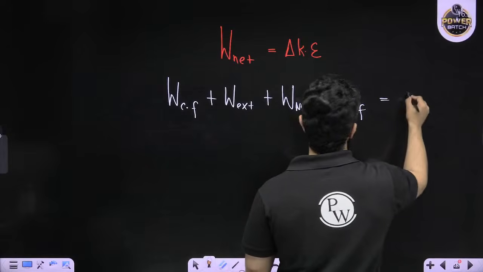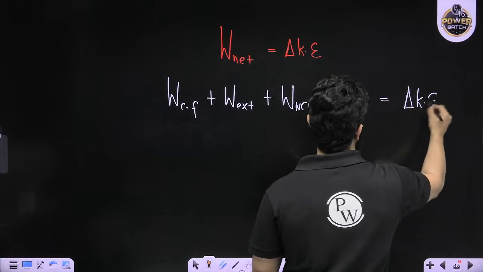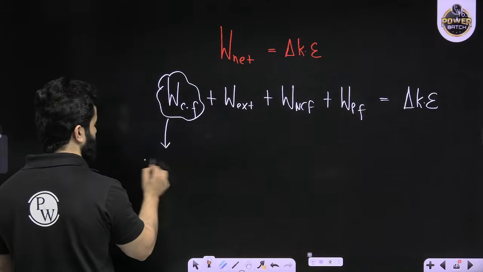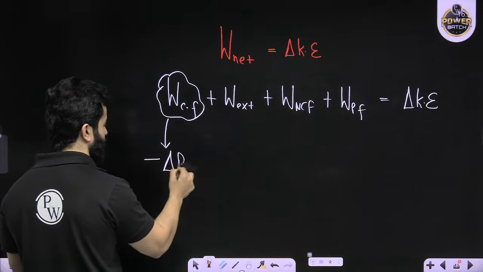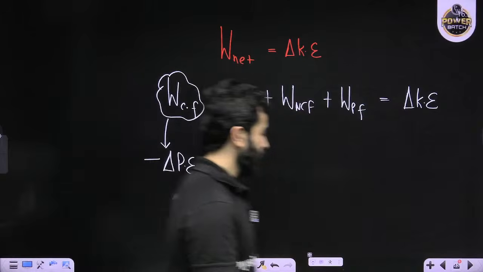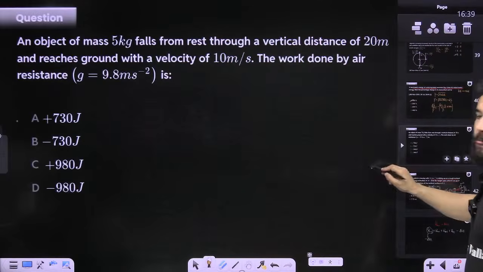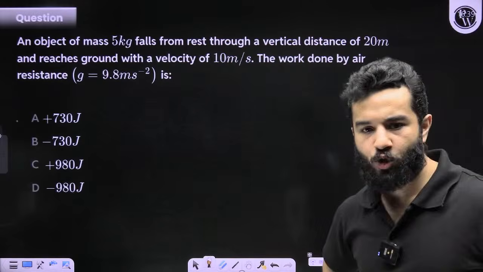All of these are equal to the change in kinetic energy. And sometimes, instead of this, we can also write it as minus the change in potential energy. Right? Hopefully this is clear. Clear? Sorted?